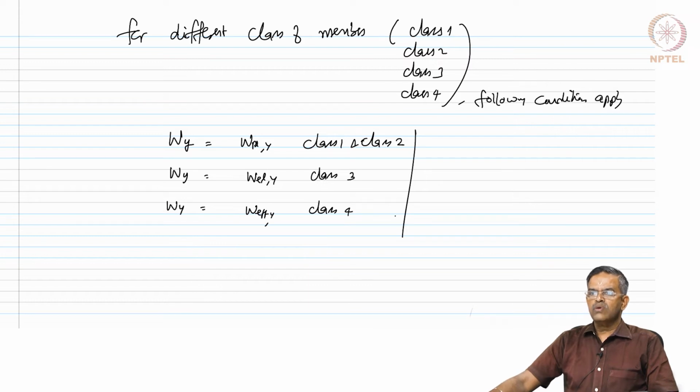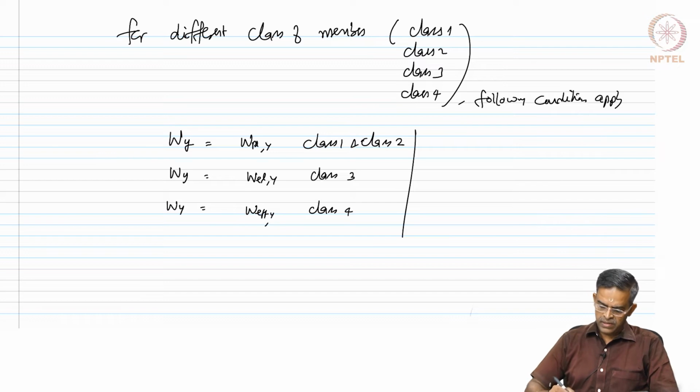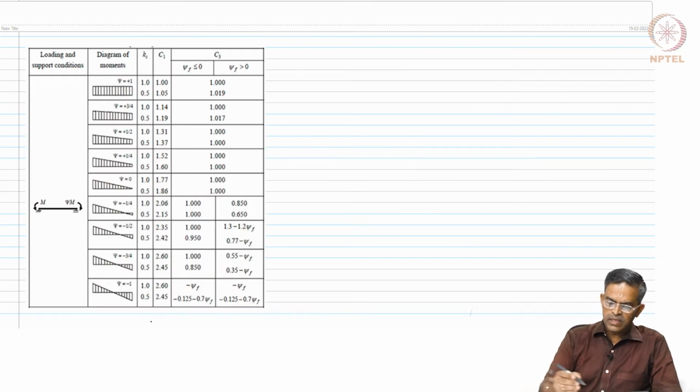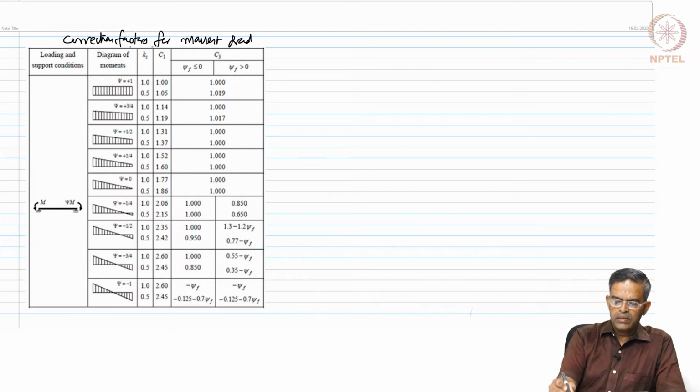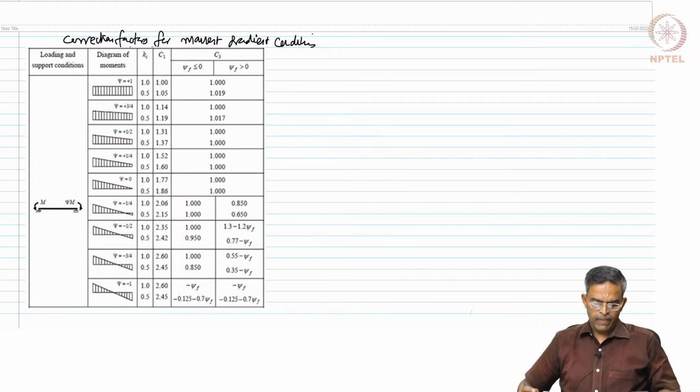Now, Eurocode also gives us a table for correction factors for moment gradient conditions. This is actually the correction factor for moment gradient conditions given by the code.